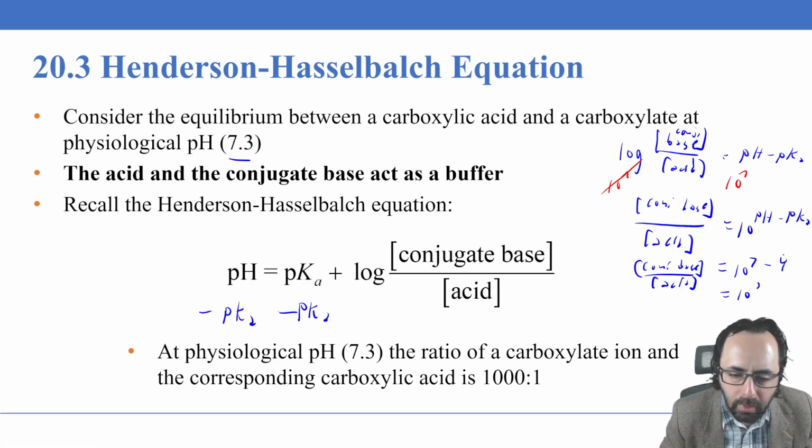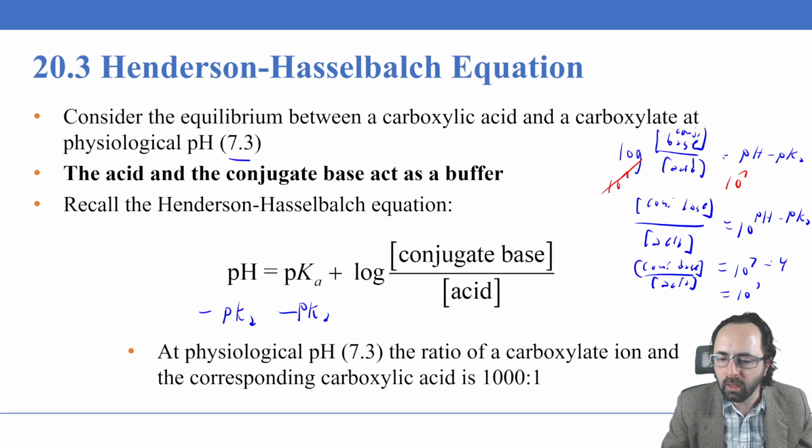So, as we mentioned before, we're going to have a lot more of the deprotonated carboxylate ion at physiological pH when carboxylic acids are in the body. This is going to be very important because, for example, amino acids, which make up proteins, contain the functional groups amine and carboxylic acid.